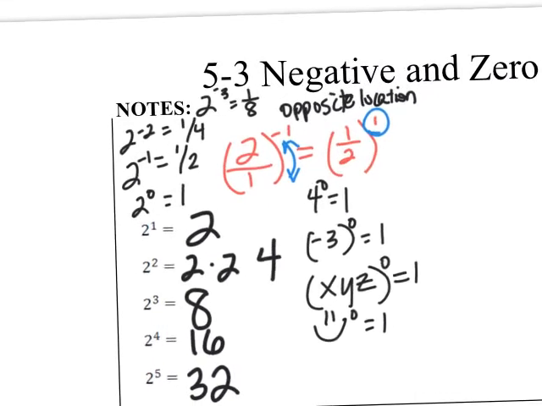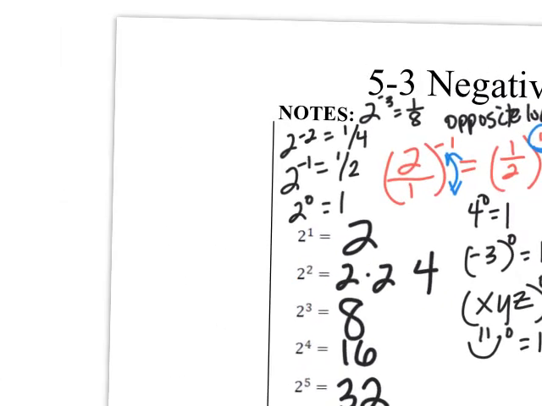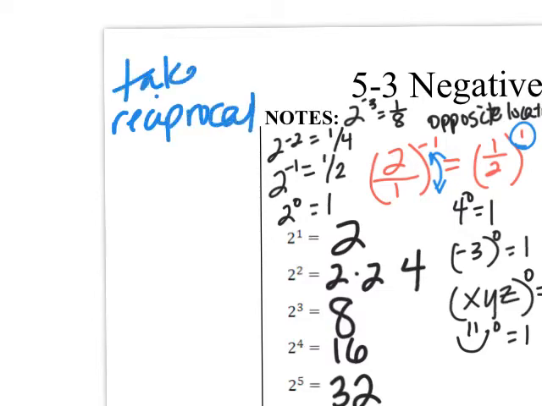So somewhere in your notes, over here to the side, you can write that negative exponents means you take the reciprocal, and then change the exponent to positive.